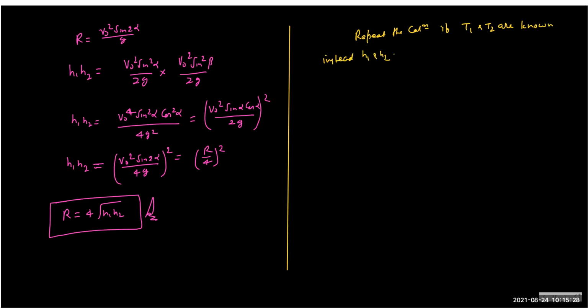Because what I said is they will have different time of flight and the same range and same speed, but different maximum height. So what if T1 T2 is given to you and you're supposed to find tan alpha, V naught and R?